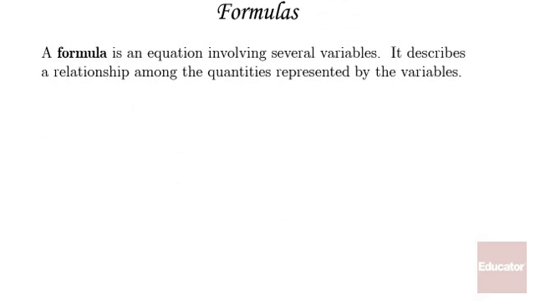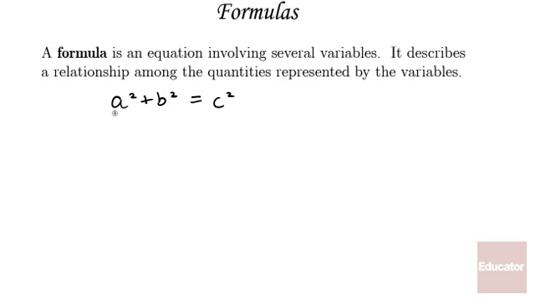A formula is an equation involving several variables, so 2 or more variables, and it describes a relationship among the quantities represented by the variables. And we've worked with formulas previously, and just to review, one formula that we talked about is the Pythagorean theorem. That is a squared plus b squared equals c squared, where c is the length of the hypotenuse of a right triangle, and a and b are the lengths of the two sides.